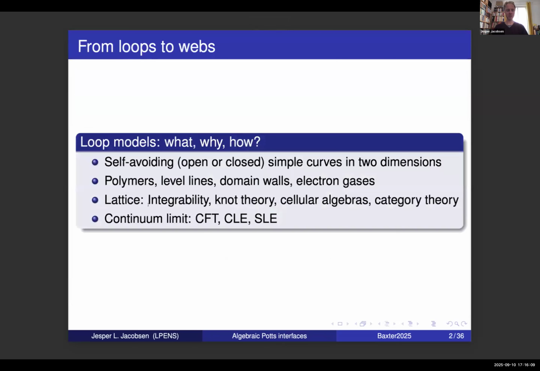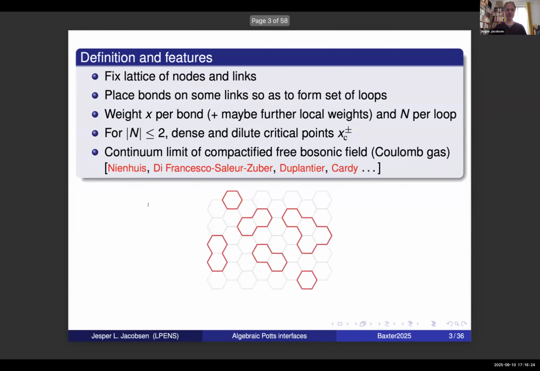So loop models presumably need no introduction in this audience. They are self-avoiding simple curves in two dimensions that can be modeled on a lattice or directly in the continuum limit. A famous model studied in particular by Bernard Nienhuis in this realm of models is depicted here.